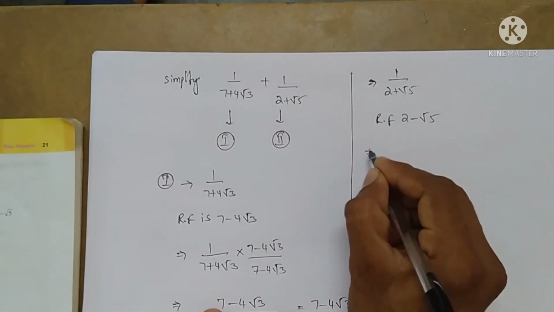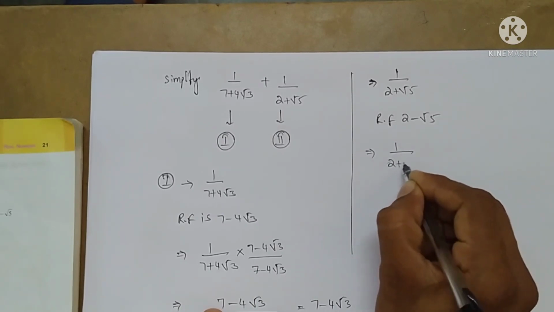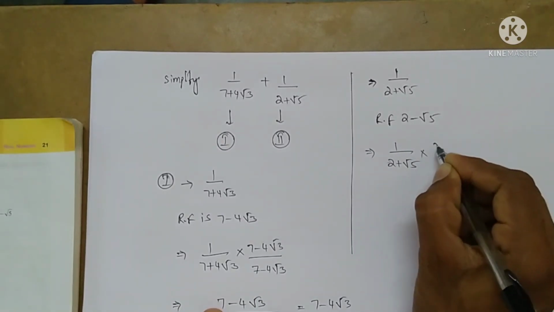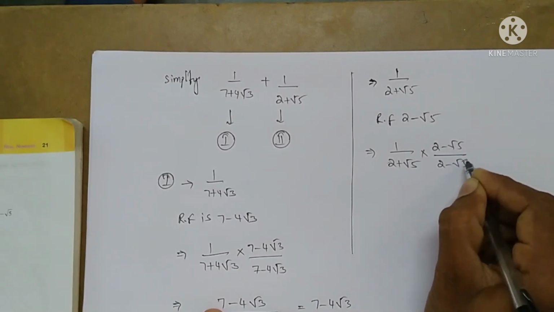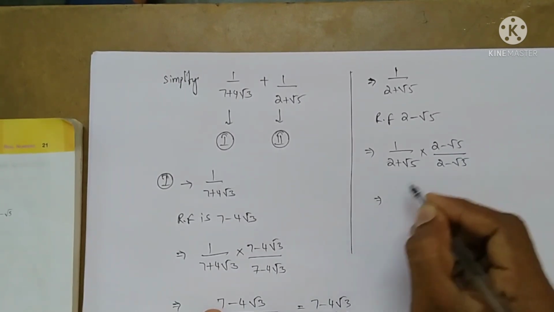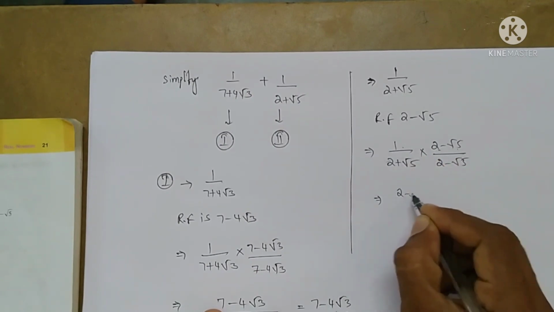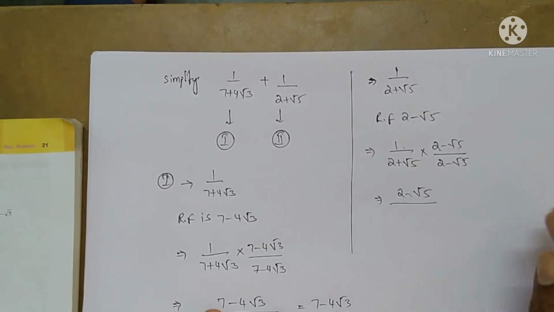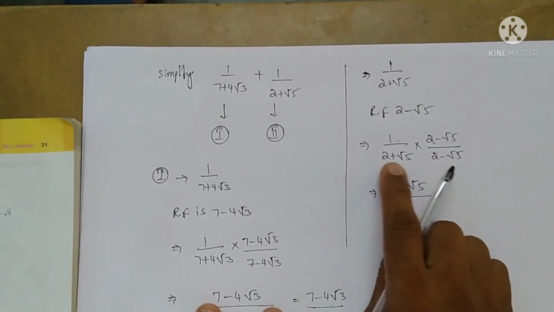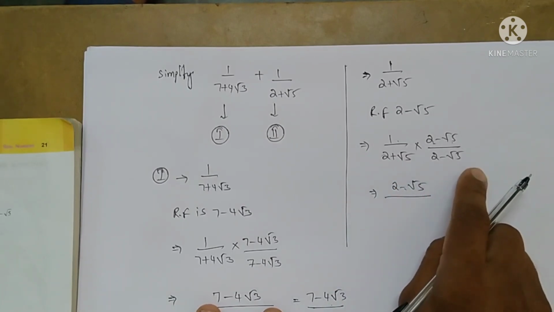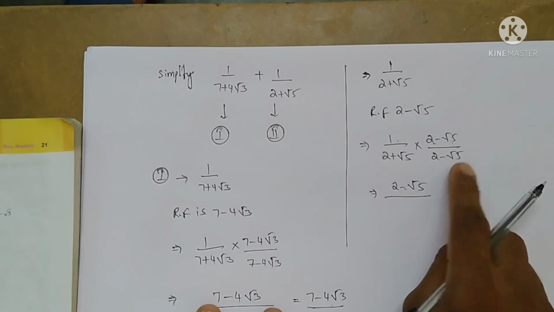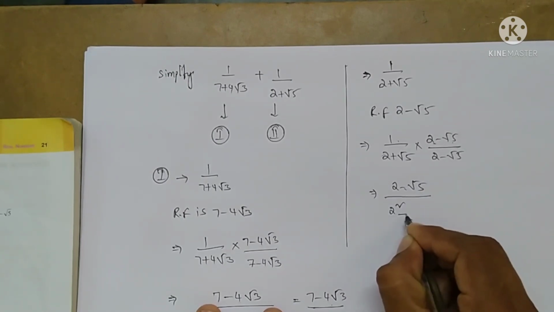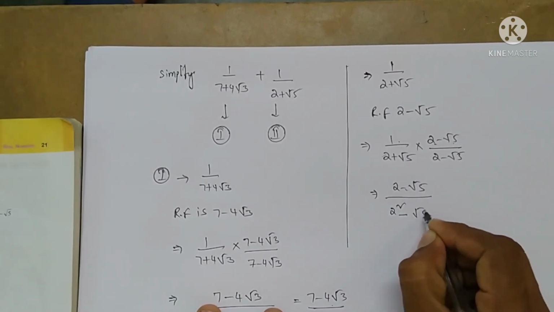So that is equal to 2 minus root 5 by, it is of the form a plus b into a minus b, right? Here a is equal to 2, b is equal to root 5. So 2 square minus root 5 whole square.